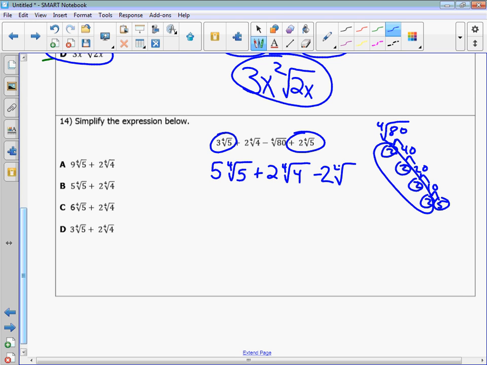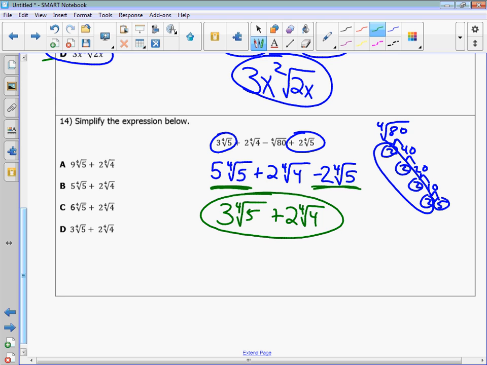I have 5 times the 4th root of 5, and I'm subtracting 2 times the 4th root of 5. Those are my like terms. Give me 3 times the 4th root of 5, and then there's a 2 4th root of 4 left over, which matches up with D. So that's what's on your test for next class.